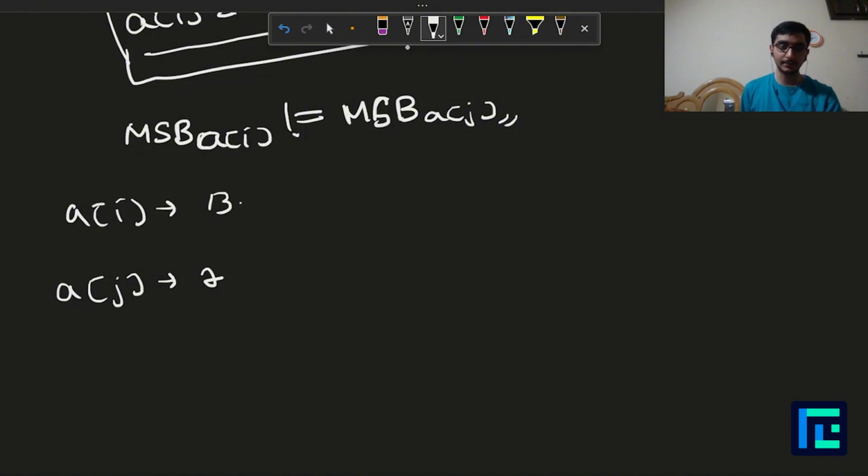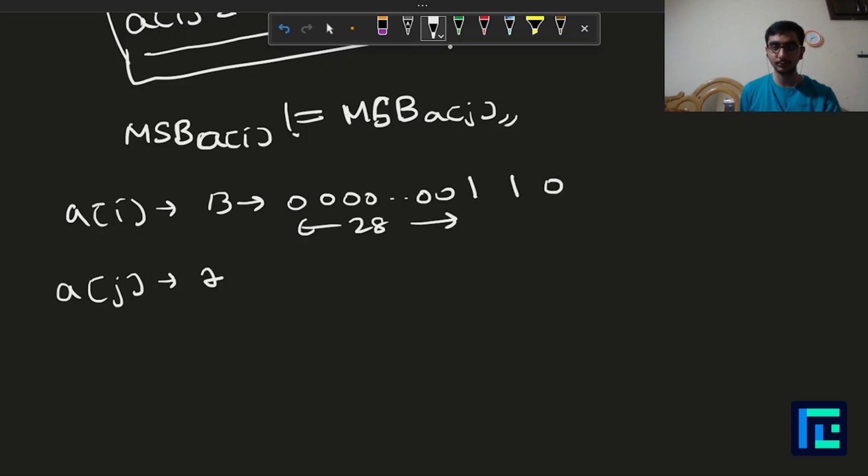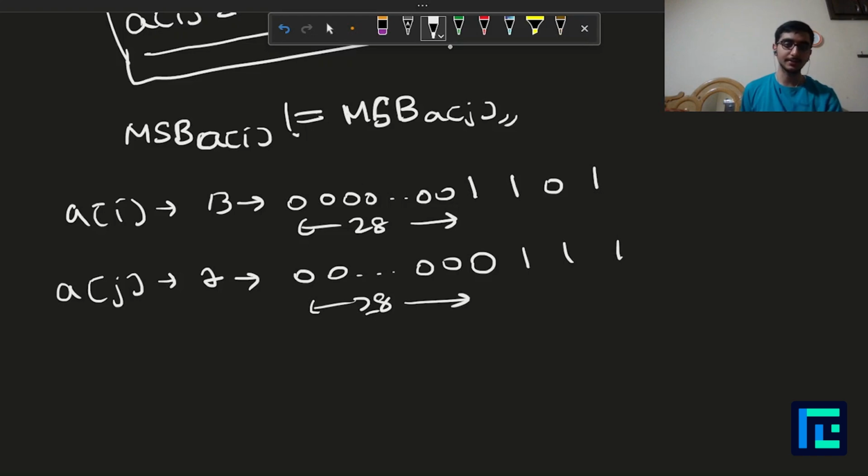So if I write 13 as a 32-bit binary number, it would have 28 zeros in the front, then it would have a 1, 1, 0, 1. And 7 would have 28 zeros in the front, and it would have a 0 again, and then 1, 1, 1. So this is 7, and this is 13 in 32-bit representation.